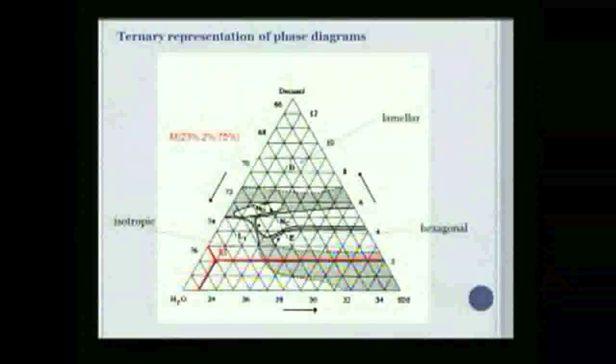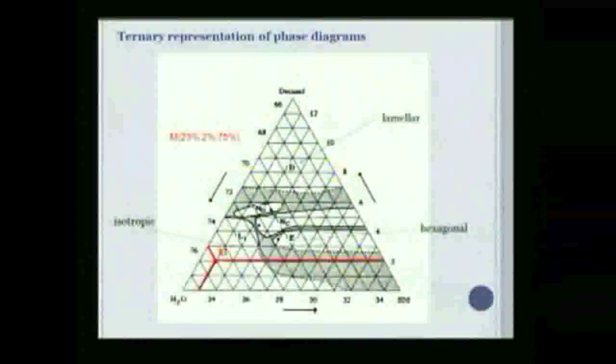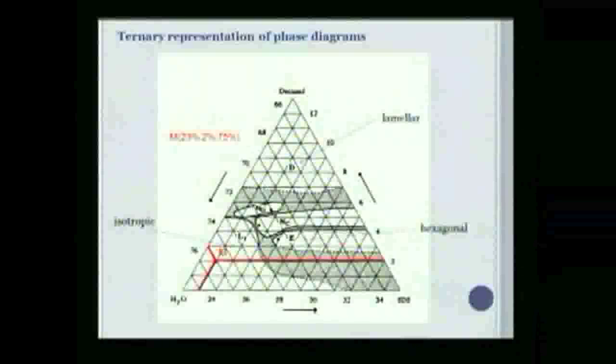I should have written the reference for it. I did it for the previous one, but I forgot. But this is experimental. That means that the people who have done this phase diagram, I don't know if you can imagine the work it is.